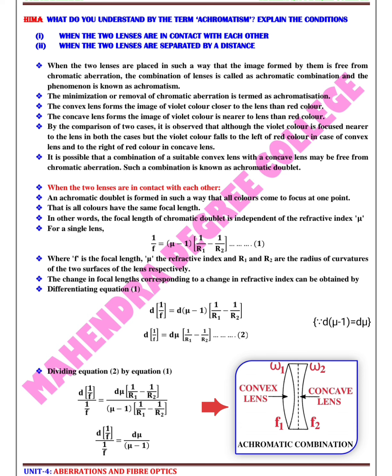Convex lenses converge light rays and have positive focal length. However, due to dispersion, different colors of light focus at different points, causing chromatic aberration.